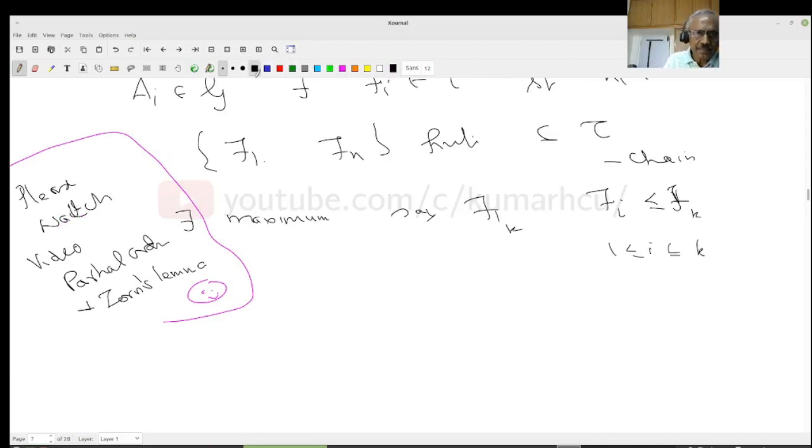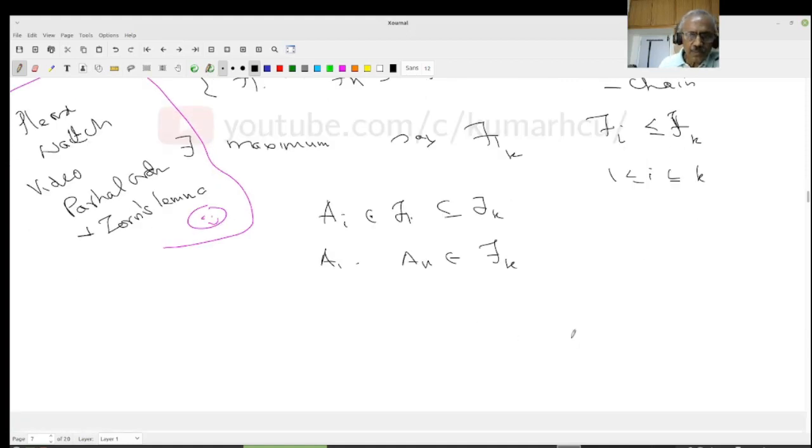Let's come back. Since Ai belongs to Fi and Fi is contained in Fk, therefore A1, A2, An, where are they? They are in Fk. You understand? But what do I know about Fk? Fk is in tau, which is a subset of my capital F, and therefore Fk is an element of this F. But every element here has FIP.